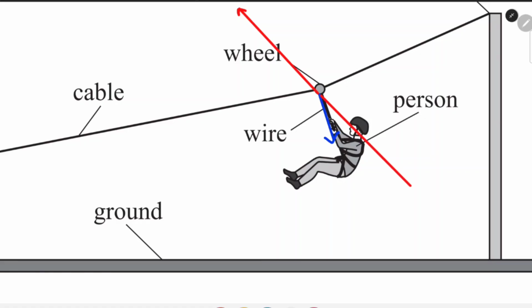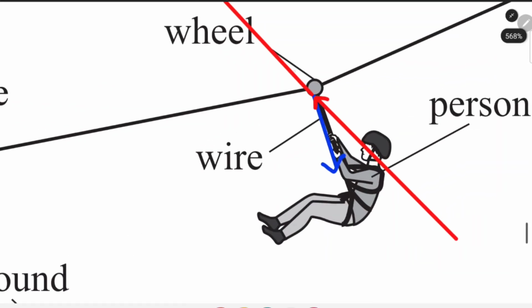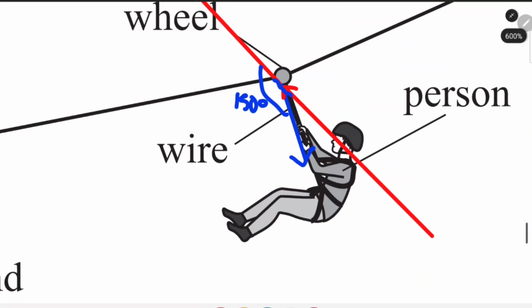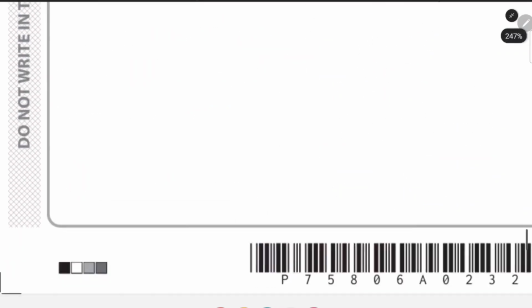This is how we'll draw a vector diagram. We draw from tail to head, tail to head. Since this angle is 150 degrees and this is a straight line, both the red arrows form a straight line. So this angle over here will be 30 degrees, basically 180 minus 150, which is 30 degrees.